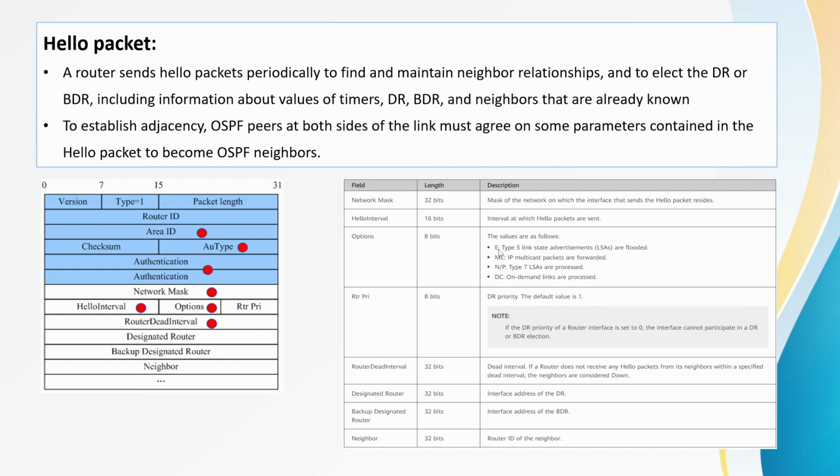If the E-bit is off, that means this router's area does not allow receiving type 5 link state advertisements. What this means is this area is a stub area. I list all the fields here. If you're interested, you can take a look.